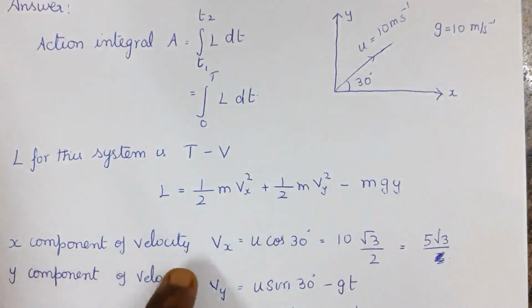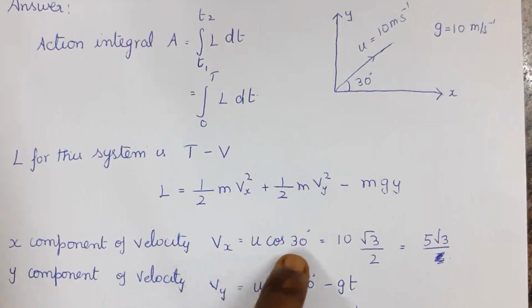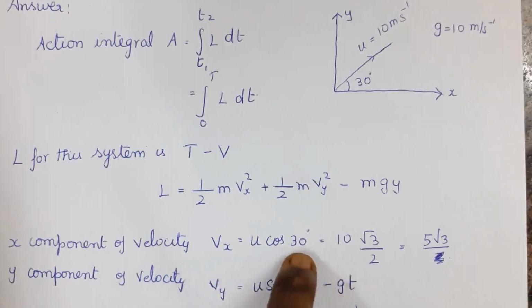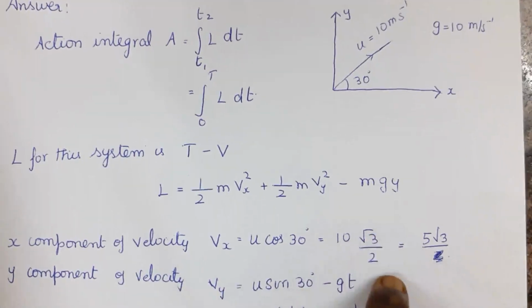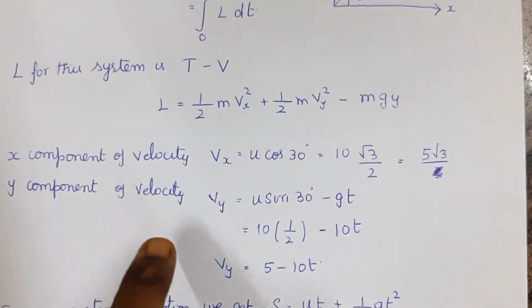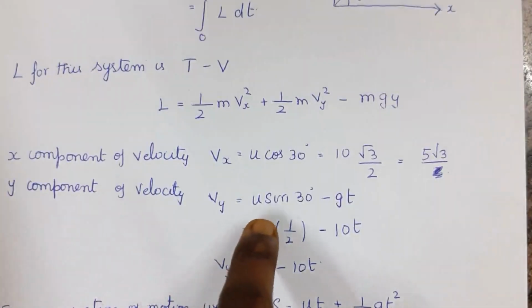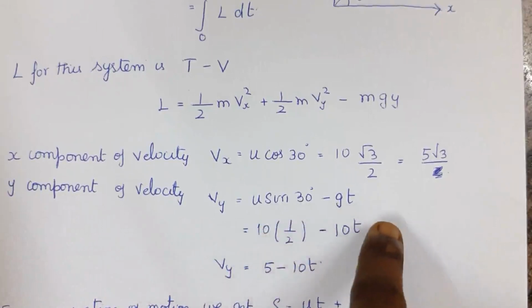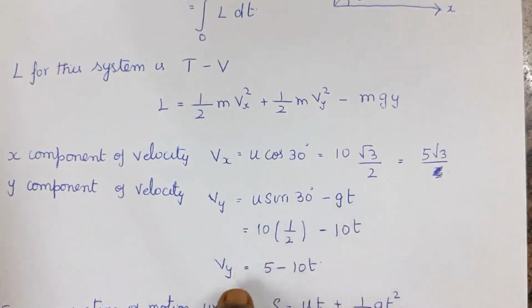The x component of velocity v of x is equal to u cos theta. Theta value is 30 degree. By substituting the values, the initial velocity 10 into root 3 by 2 is equal to 5 root 3. The y component of velocity v of y is equal to u sin theta minus g t. Values are known, so we will be getting v of y is equal to 5 minus 10t.